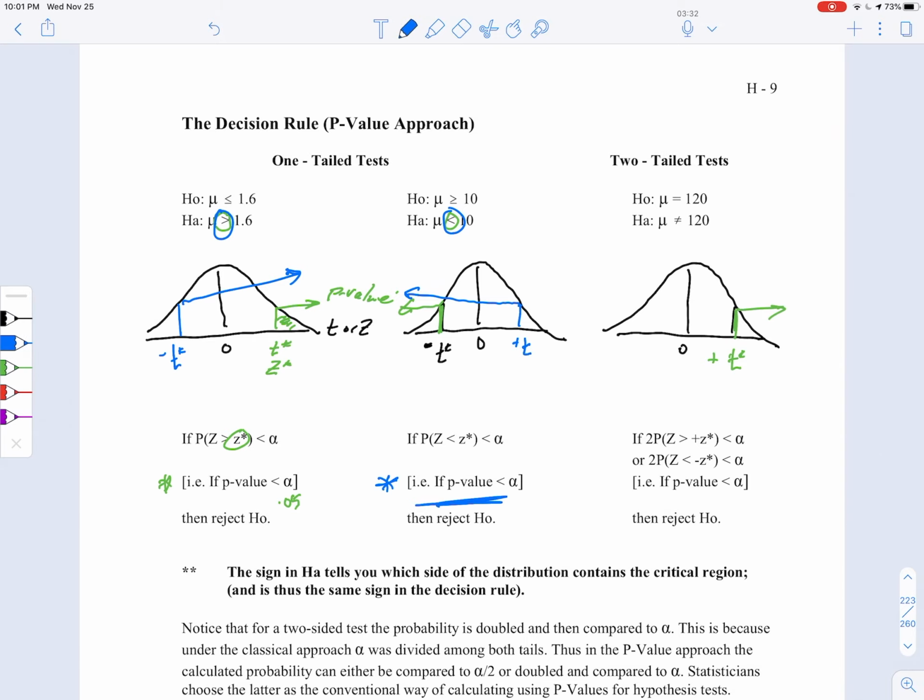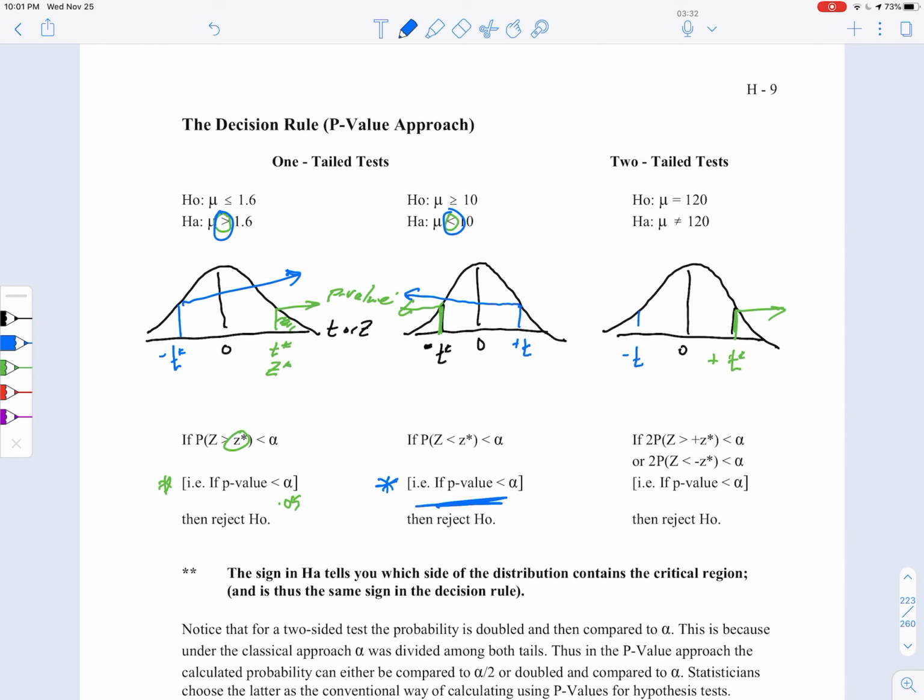If it's a positive value, so you're in the upper tail, you calculate the area that way. If it is a negative value, you calculate the area that way. And then what you do is you multiply the area by 2. So 2 times the area is equal to the p-value.